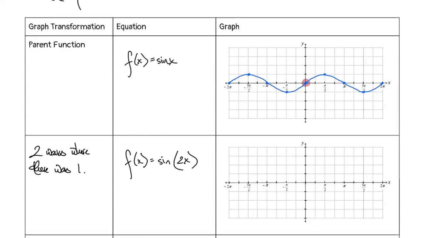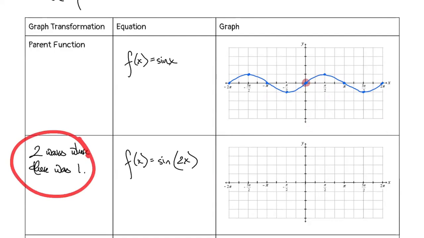If I were to trace from the center point 1 wave, I could go up and then down and then back up, right? That would be 1 wave. What is the period of this function right now? 2 pi. Great.